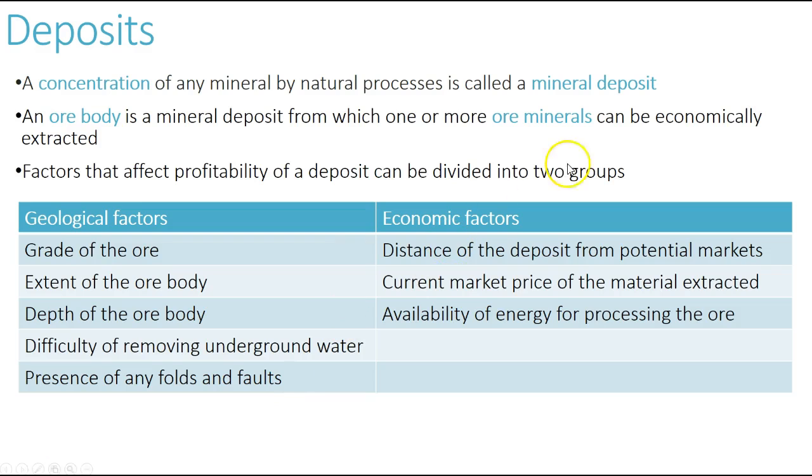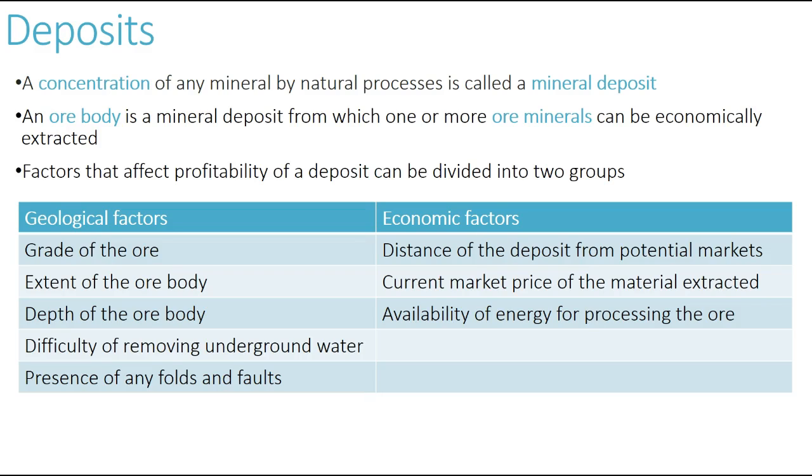And if there's any presence of faults, this could also make it hard for the extraction of the ore body. Now, economic factors include the distance of the deposit from potential markets. So, the ore body, well, I wouldn't call it an ore body because it wasn't economic. I guess the mineral deposit that I looked at for my honours project in geology when I was at university was a copper cobalt deposit up in Central Australia.